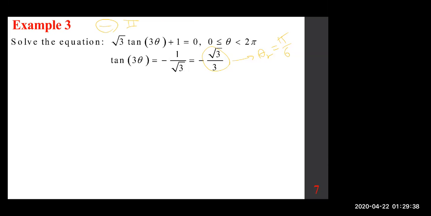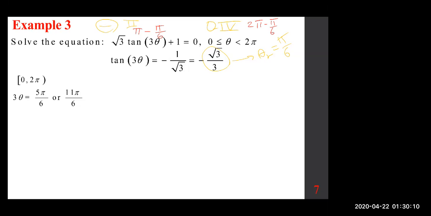So this is quadrant 4. Now, for quadrant 2, you would say pi minus the reference arc. For quadrant 4, you would say what? 2 pi minus pi over 6. That's how you arrive at it. And so those are the answers.